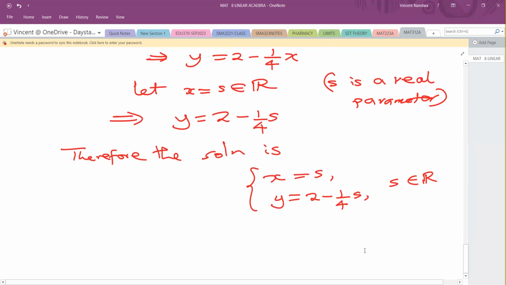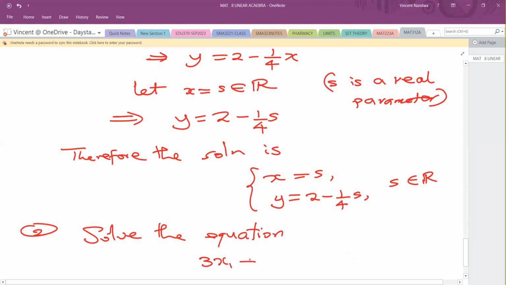So then, can you try to solve this problem too? Solve the equation 3x1 plus 2x2 minus 2x3 equals 6.